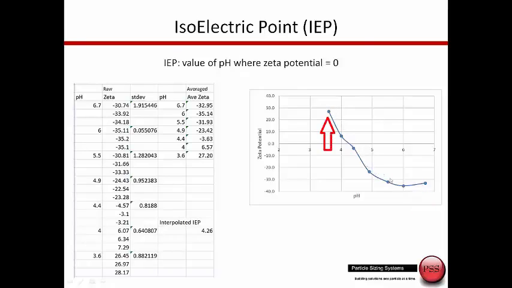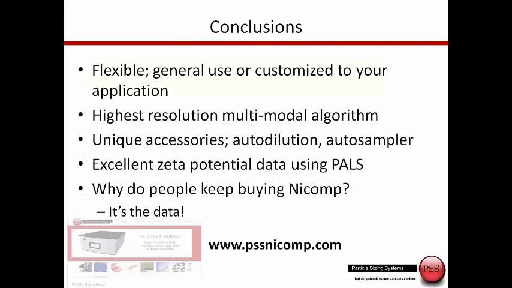And as you can see from the data here, we go through this line and we reach the isoelectric point at about 4.26. The table on the left shows how repeatable these zeta potential measurements were made. And this whole measurement took me not even an hour. So a very nice tool for doing isoelectric point tests, which can be useful to determine the surface properties of complex particles.